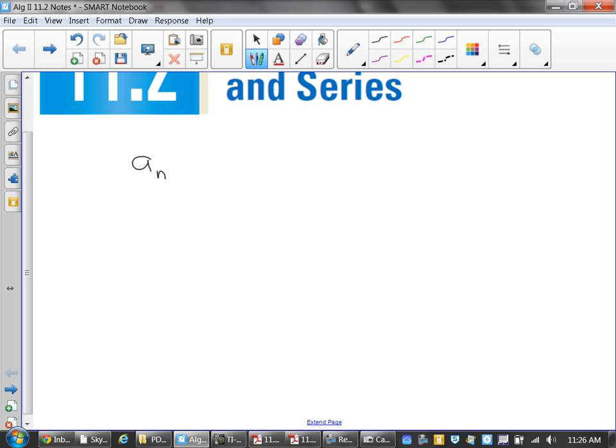These equations are built off of the very first term in that sequence, so we call it a sub 1 for the first term, plus whatever the number in the sequence you're looking for, minus 1, times that common difference. That common difference can be positive if it's increasing. That common difference can be negative if it's decreasing.